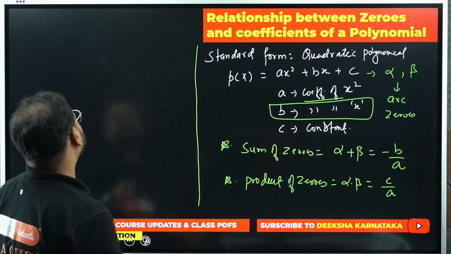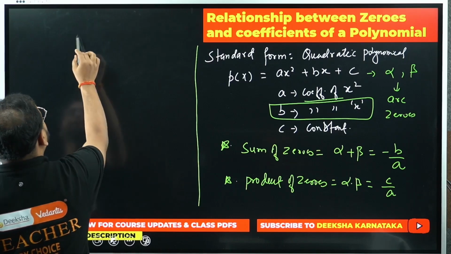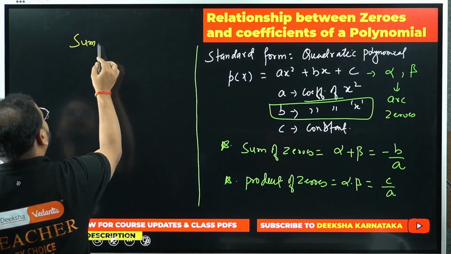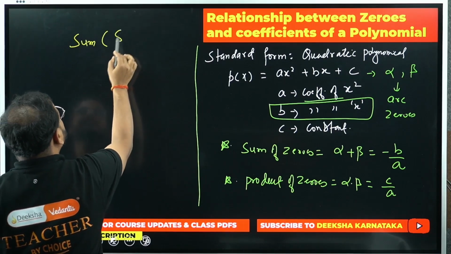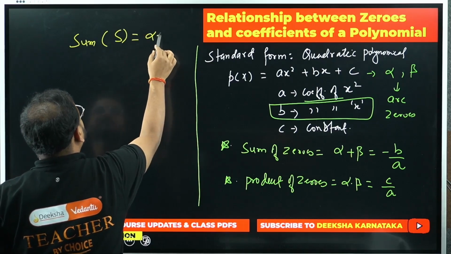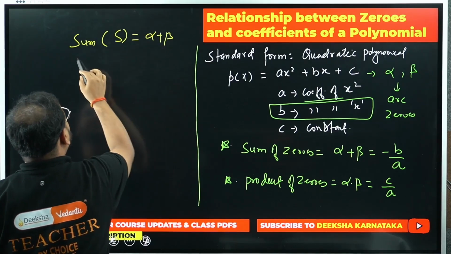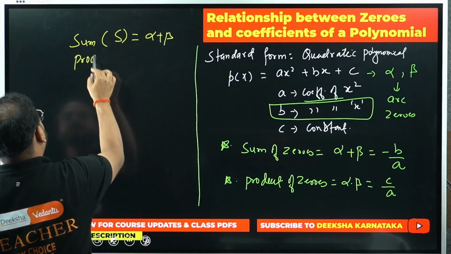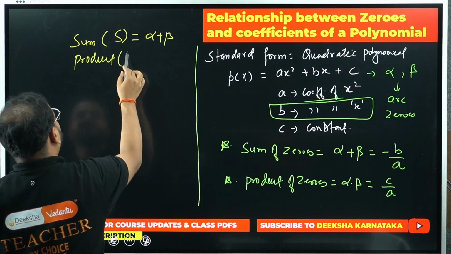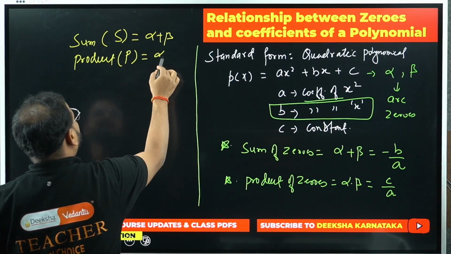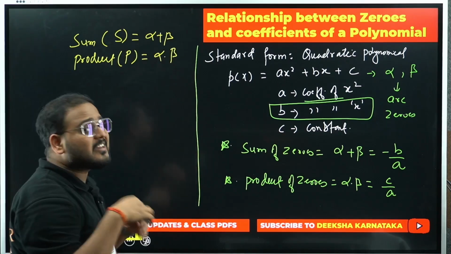Now there can be a condition where I write the sum as s or alpha plus beta, and the product can be written as p or alpha times beta, already given in the question.